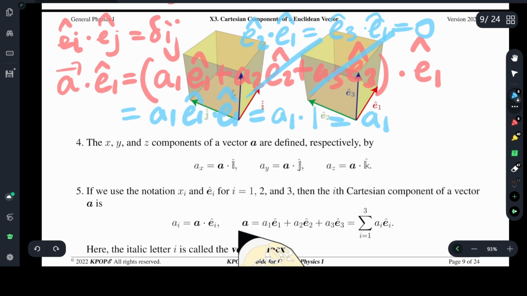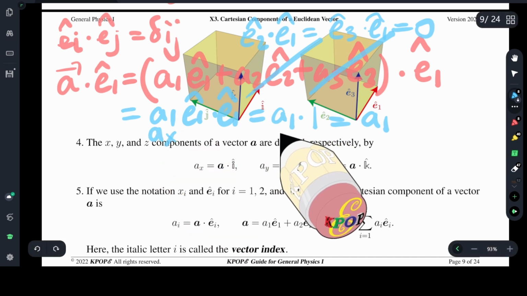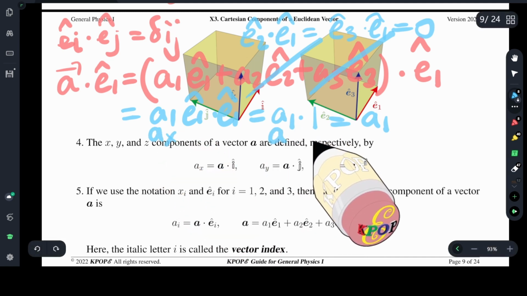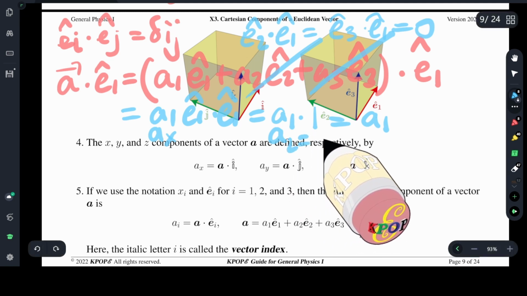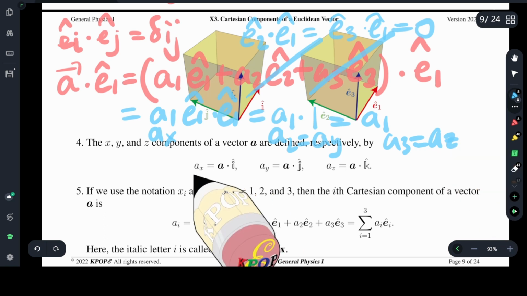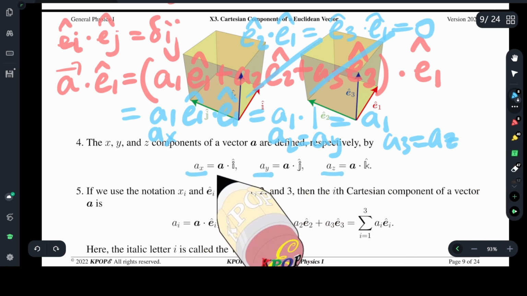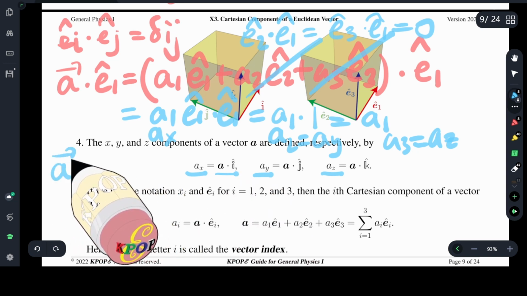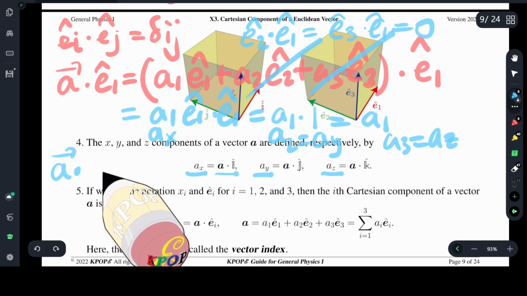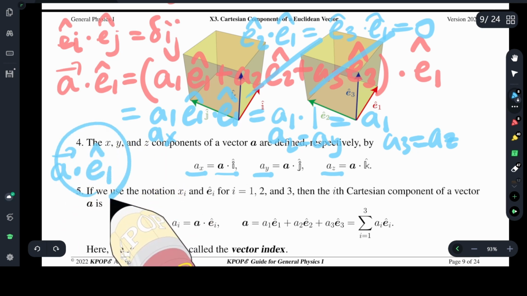In this manner, the x component A1 means Ax, A2 means Ay, and A3 means Az. So every Cartesian coordinate can be obtained by taking the scalar product with the unit vector.